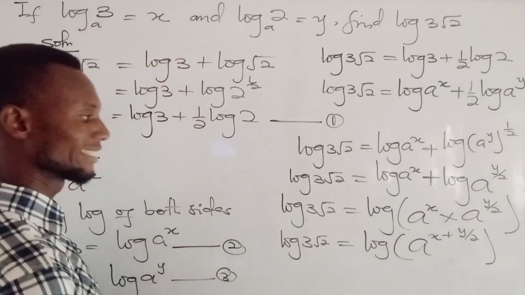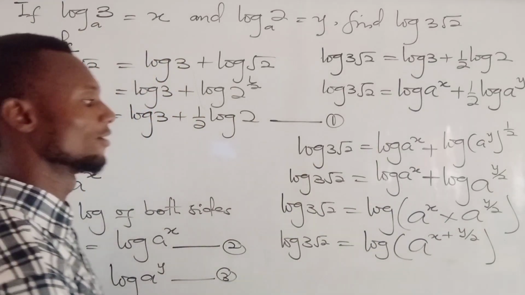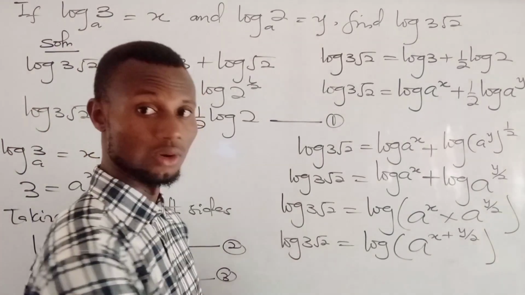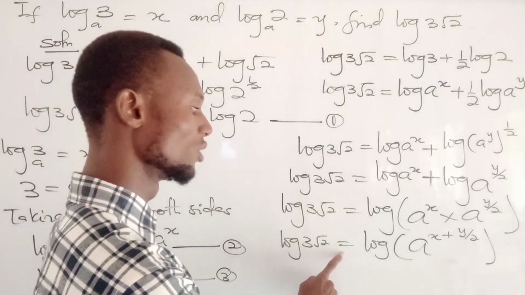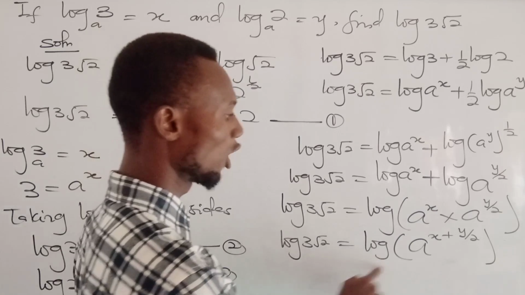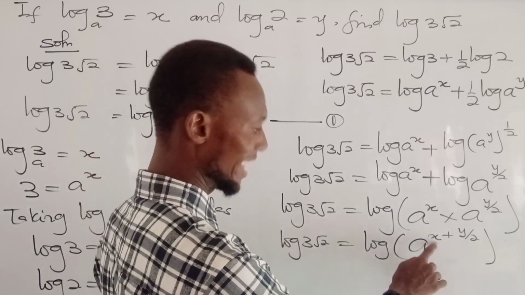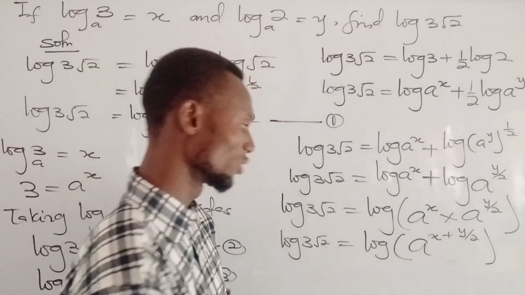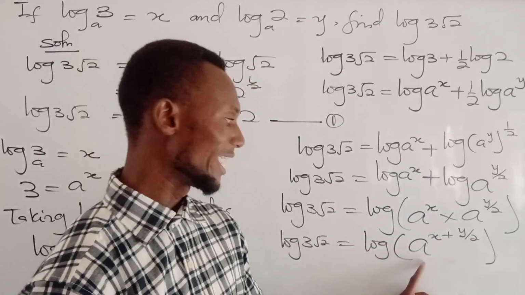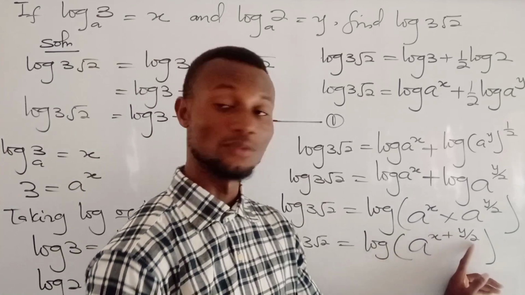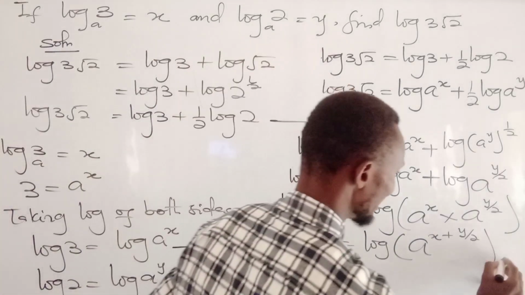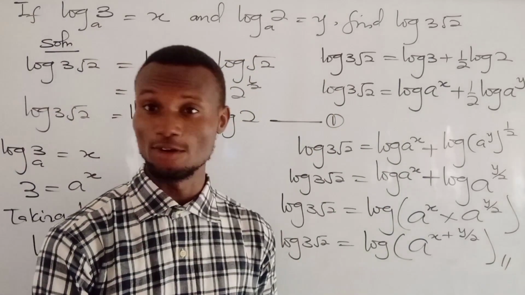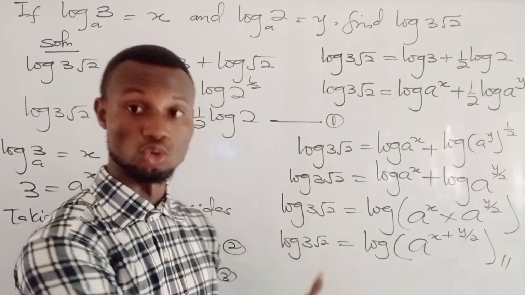So this is our final answer for simplifying log 3 root 2: the log of a to the power s plus y over 2. That's the final answer for finding the value of log 3 root 2.